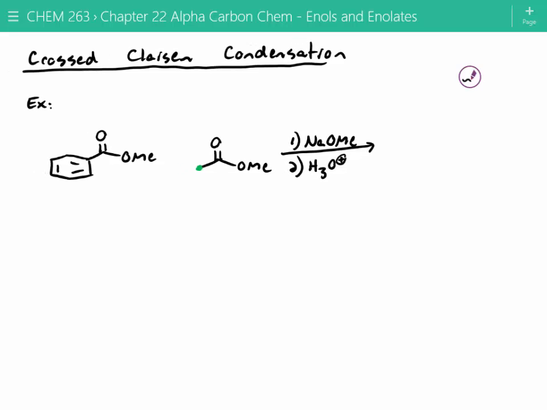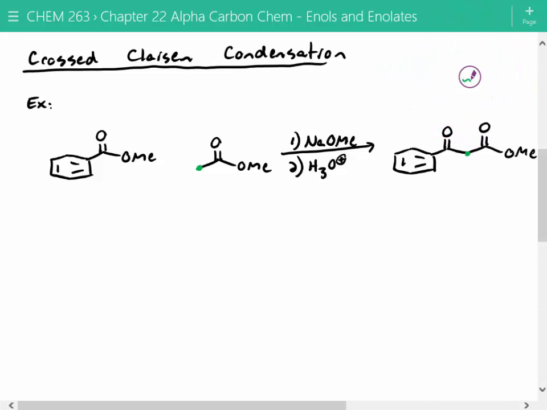So our final product would be our beta keto ester, where this carbon, the green one, added into the electrophilic center on methyl benzoate and then kicked off methoxide as the leaving group.